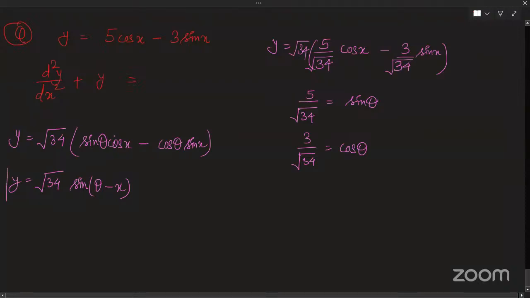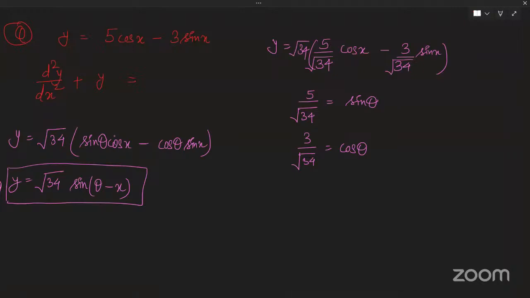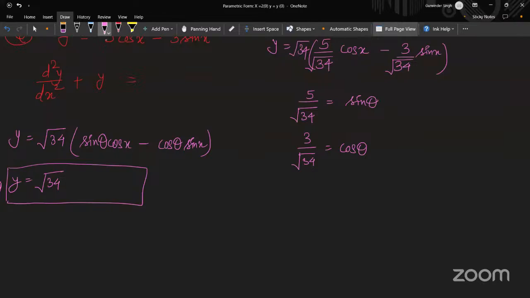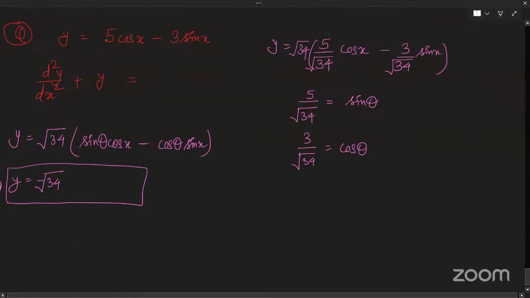So your value of y becomes y is equal to square root 34 into sine of theta minus x. Sine of theta minus x can also be written as minus sine of x minus theta, right? What is sine of minus theta?